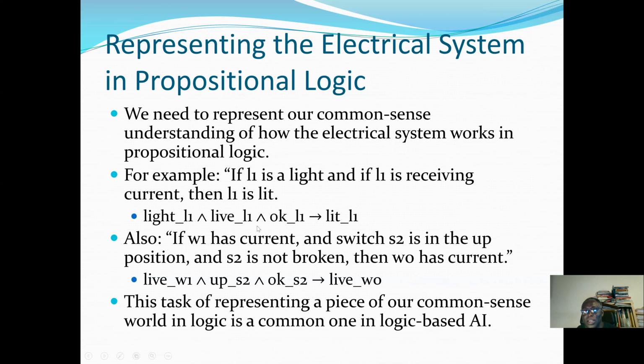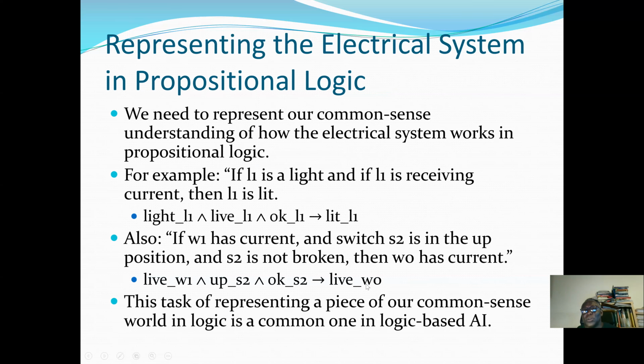W0 is the wire between L1 and S2. So these are the sentences. Now we can write them in propositional logic. We have live W1 and up S2, which means it's on, and OK S2, meaning S2 is not spoiled. Then there's a live W0, or current in W0.